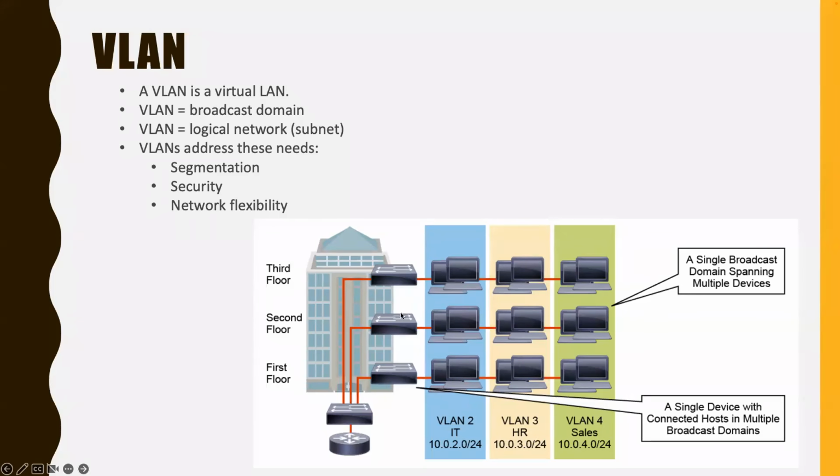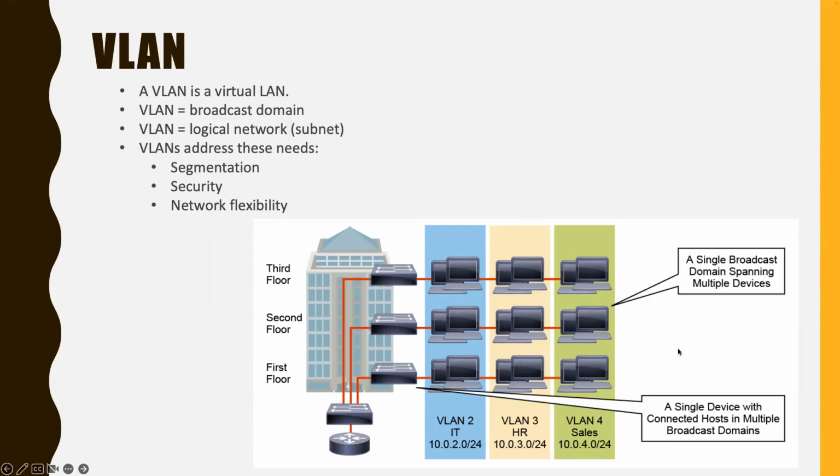Earlier, let's say we were having multiple switches. Now what we can have is layer 2 switches with respect to floors. On the same floor, I'm having multiple departments working, but their respective laptops or desktops are configured in separate VLANs.